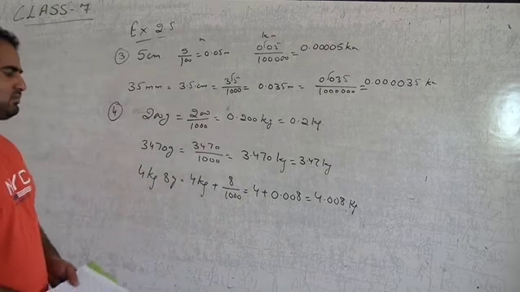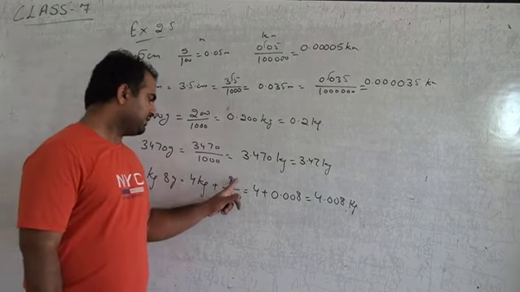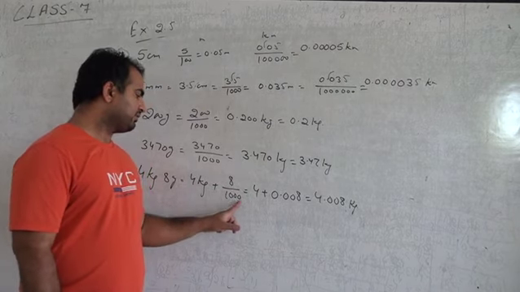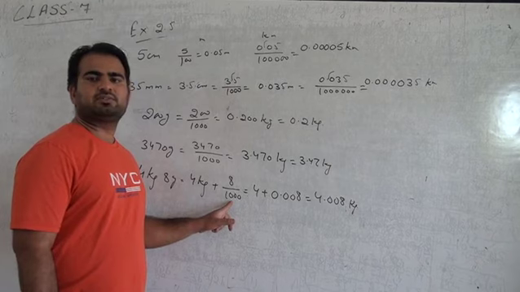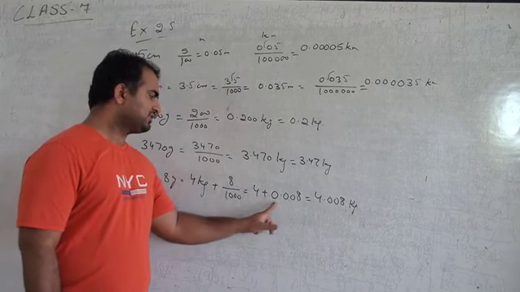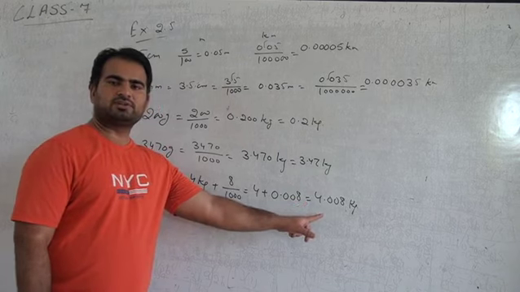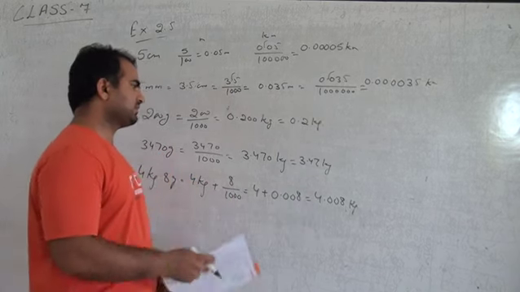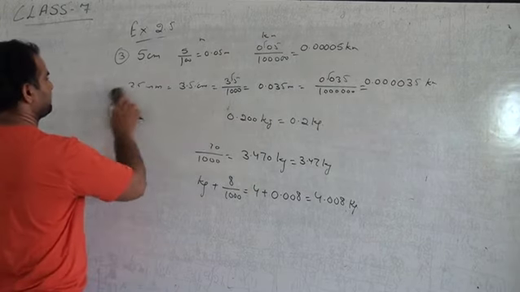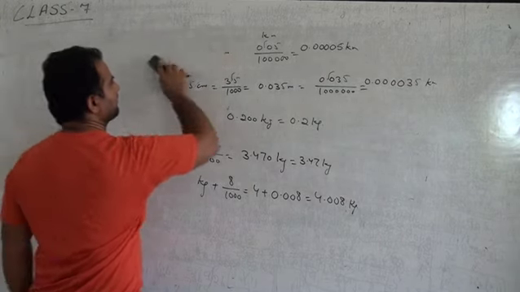Done. What we have done is divide by 1000, because we have to convert grams into kilograms. After 3 digits, we place the point. Then 4 plus 0.008 will be 4.008 kilograms. Next, question number 5.